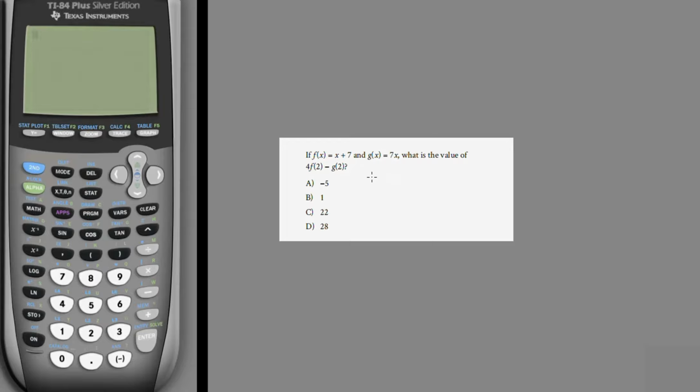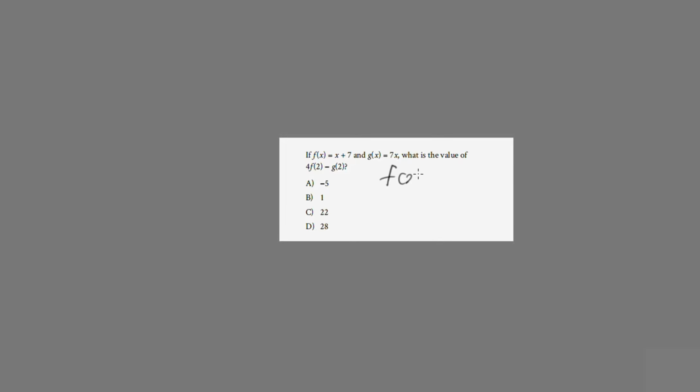Now, as we all know, f of x or g of x can be replaced with y, but we make use of the notation used here, f of x and g of x. Let's begin with f of x. f of x equals x plus 7. Now let's evaluate the function when x is 2.